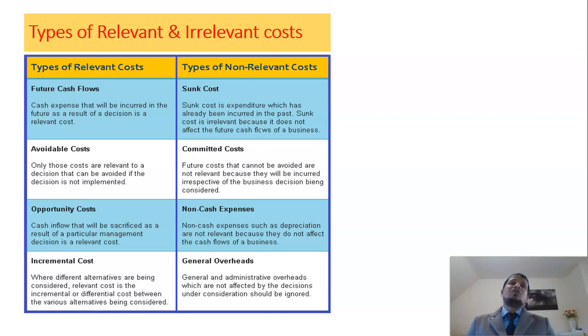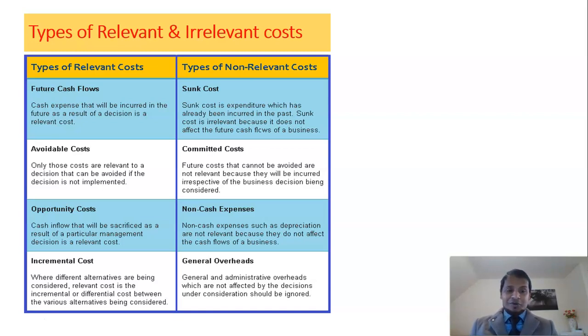Committed cost means the cost which we are committed to. We have given a commitment. For example, when we purchase machinery, we have a commitment that we have to incur depreciation, and depreciation will continue.